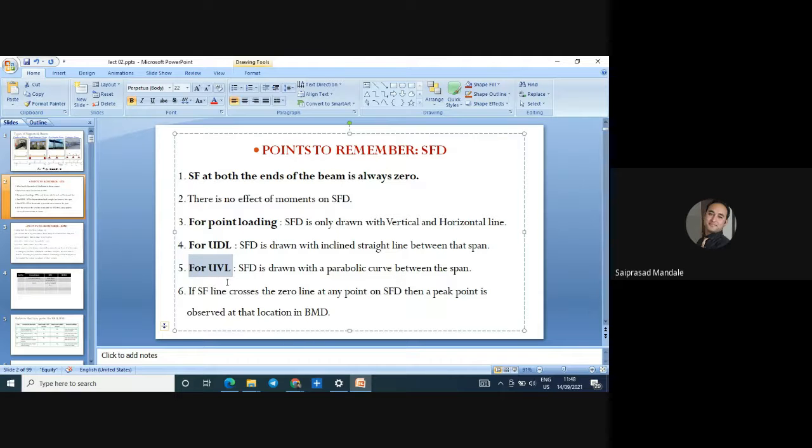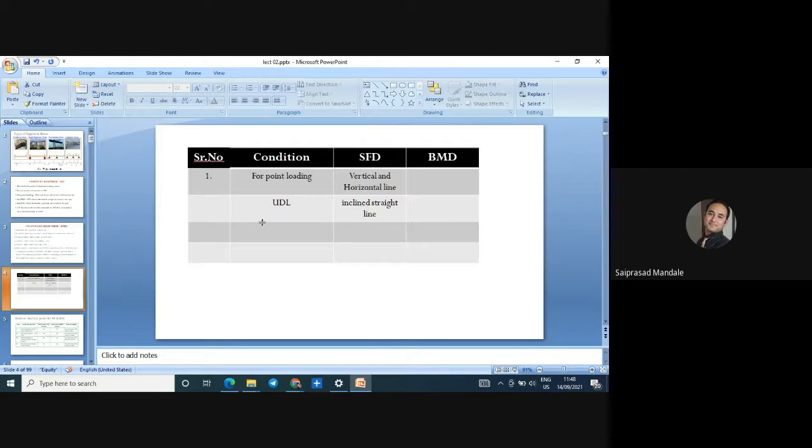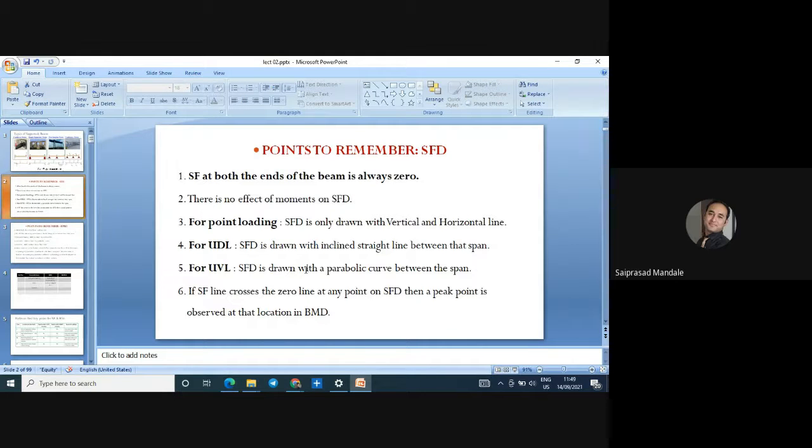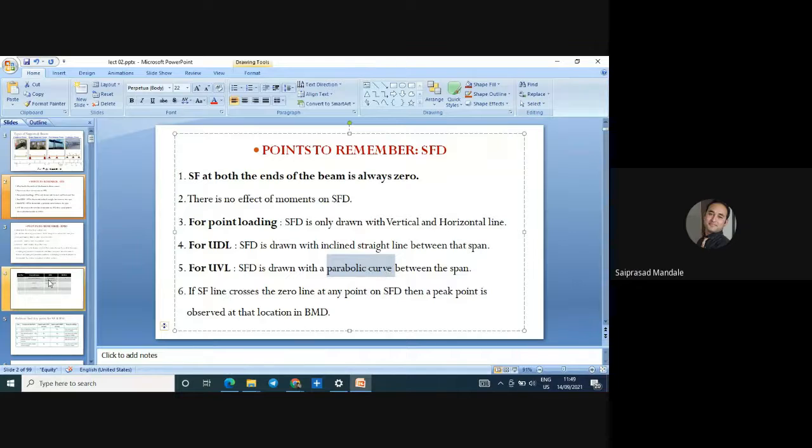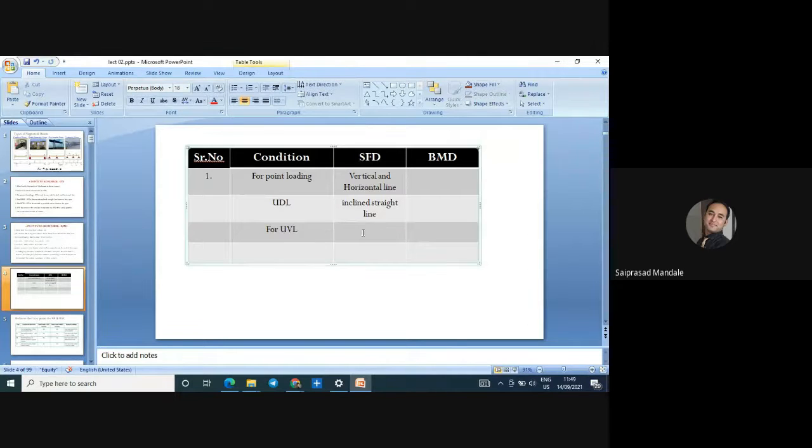When there is a UVL, for uniformly varying load, what is the condition? Draw the SF diagram with a parabolic curve. We have to draw the parabolic curve. Case number first, case number second, case number third.